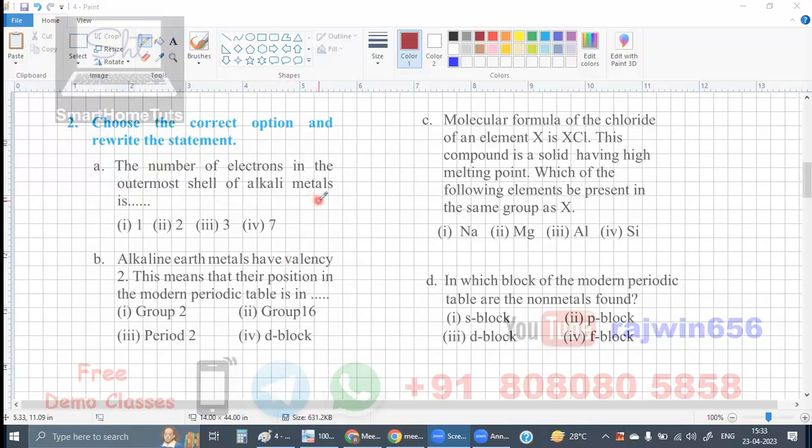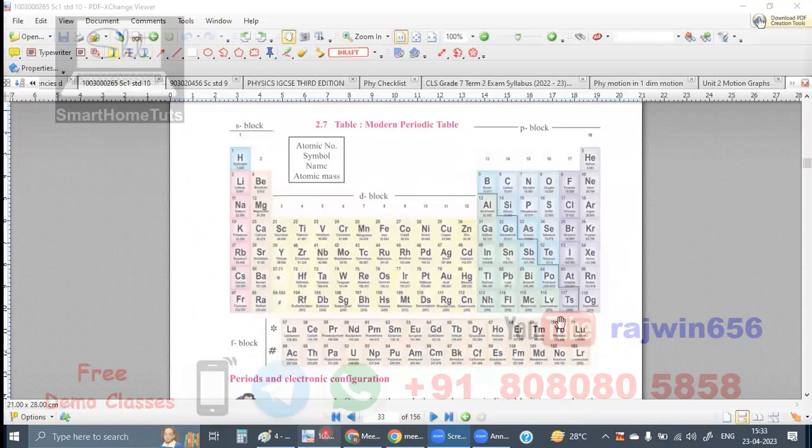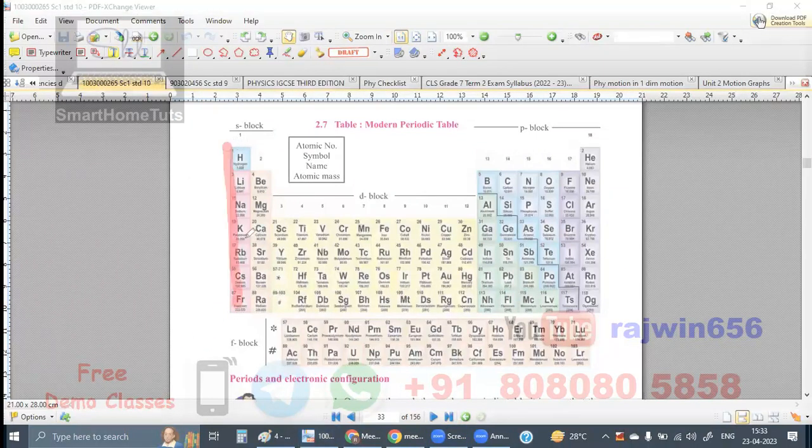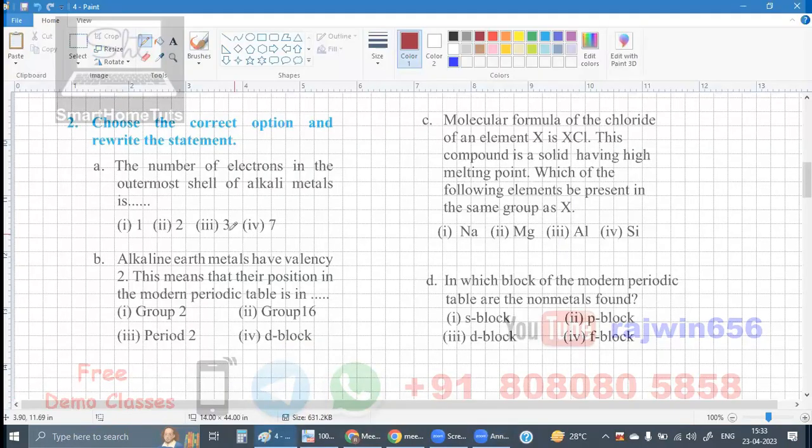Alkali metals, yesterday only I have done this with you. These are group 1. So how many electrons will be there in the outermost shell? There will be one electron. So this is going to be the correct option.